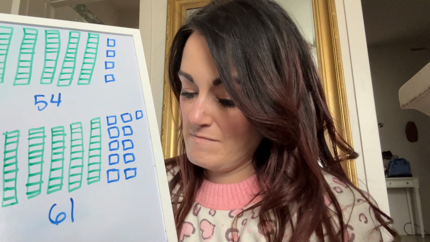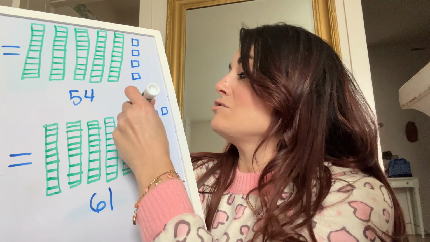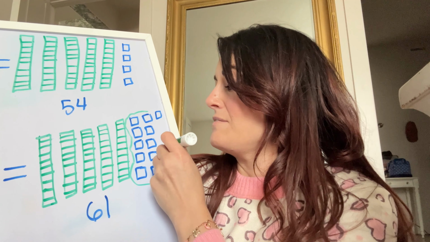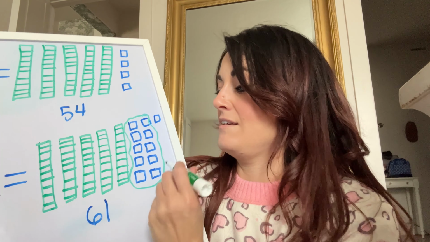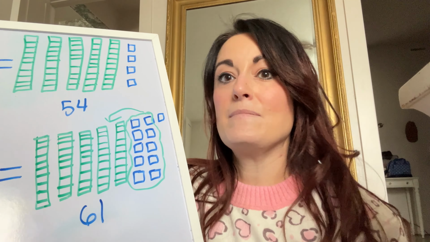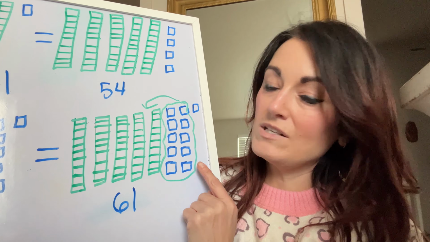So I'm going to show you. We're going to circle it. That way you can see what it would look like. So these 1, 2, 3, 4, 5, 6, 7, 8, 9, 10 are going to go over here and make a 10, because 10 ones make a 10.